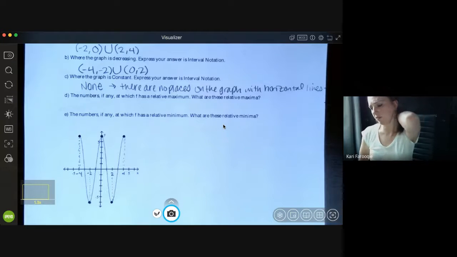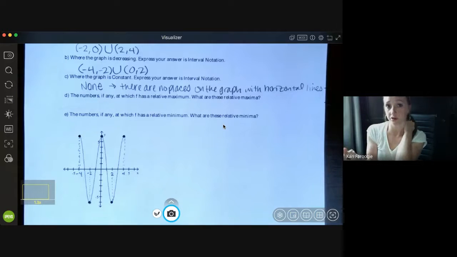And again, if that's not 100% clear, I'm going to go over an example of what a constant interval looks like on a function in just a minute. And then if you're still not sure, ask me after that. So we don't have any intervals where the graph is constant.